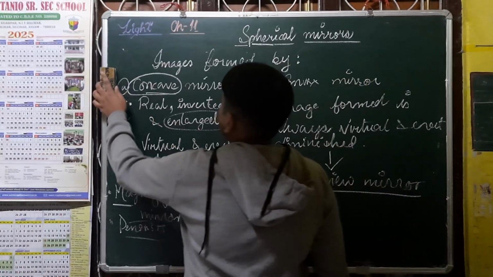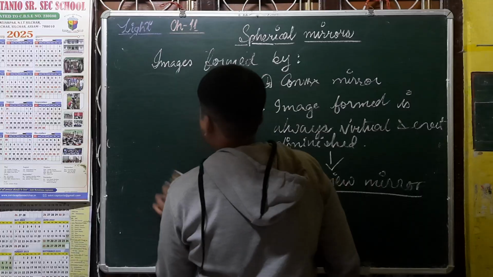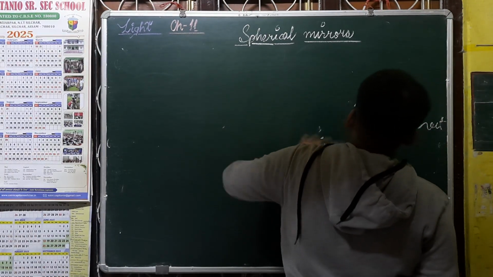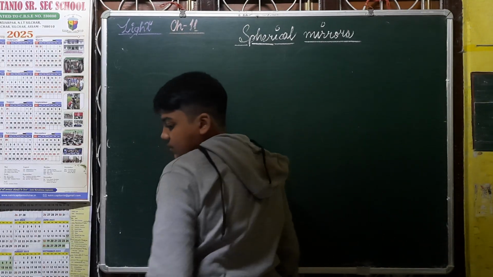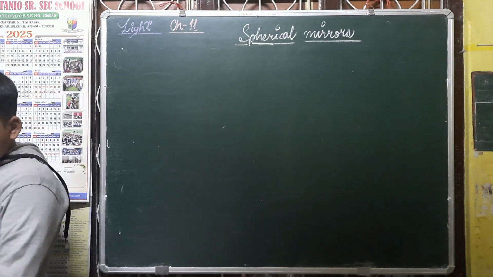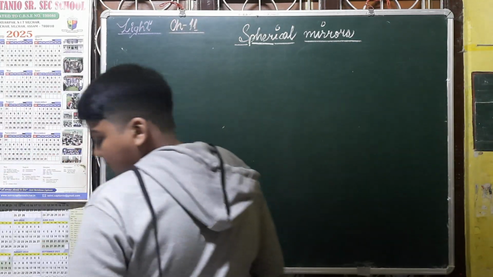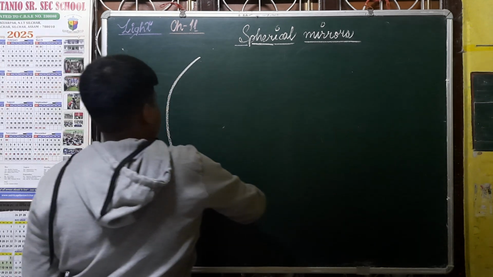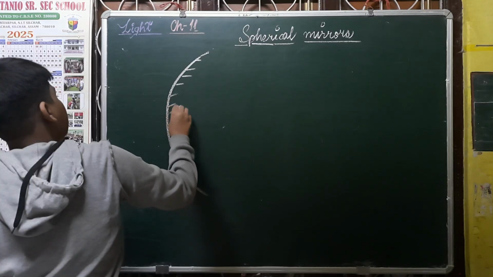Now let me show you the diagrams of concave and convex mirror. This is a convex mirror. This is the polished side.